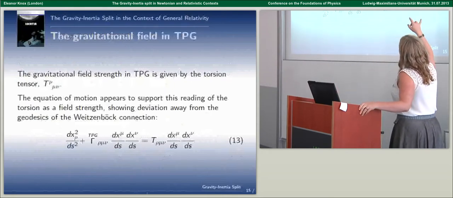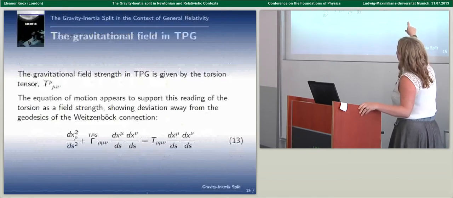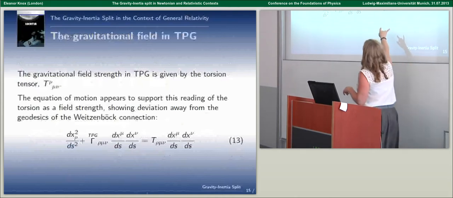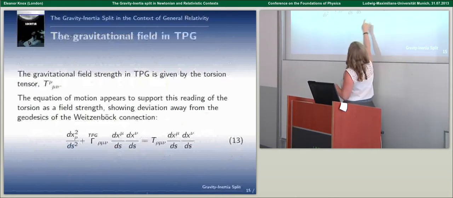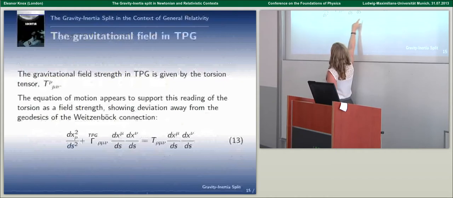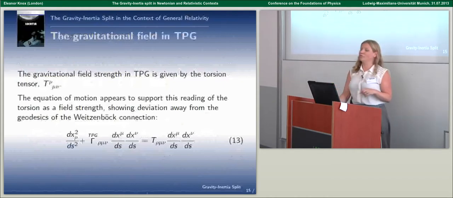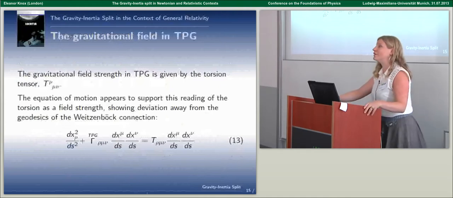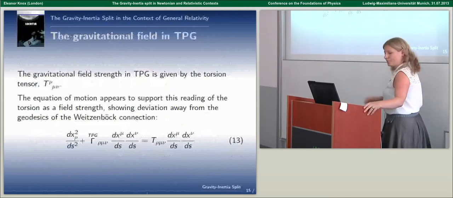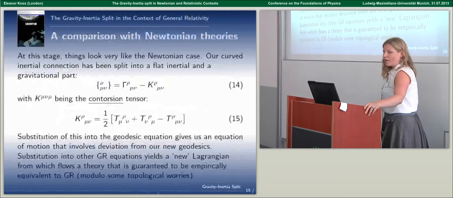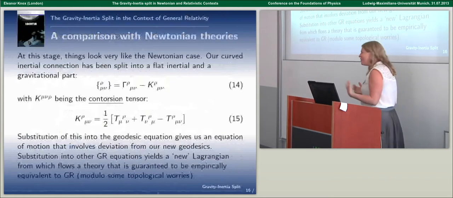But one thing you might notice is that our equation of motion, our previous geodesic equation, now looks very much like an equation saying that we deviate away from the teleparallel connection, the geodesics defined by the teleparallel connection, under the action of the gravitational field torsion. And at this stage, things are looking very like the Newtonian case.